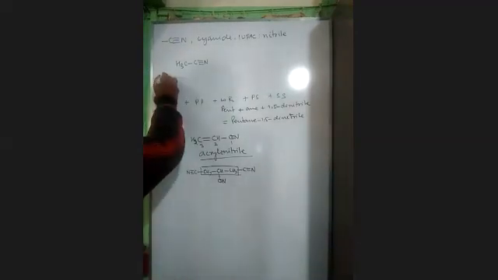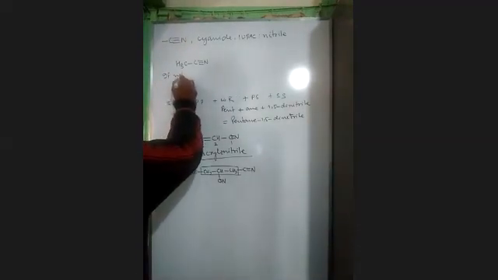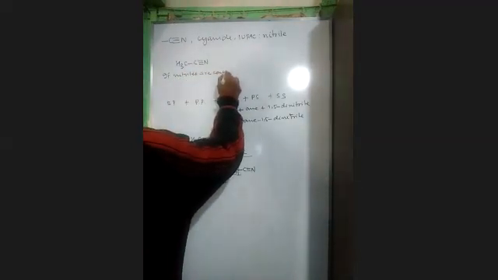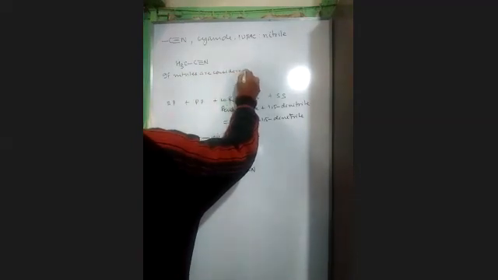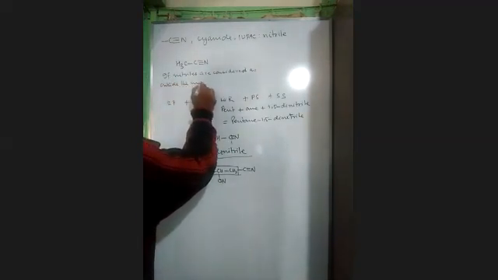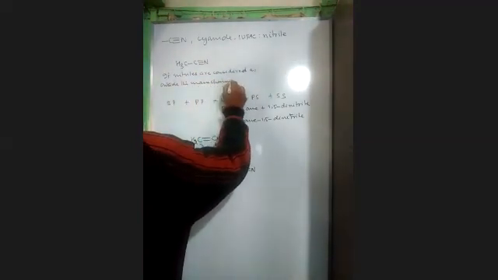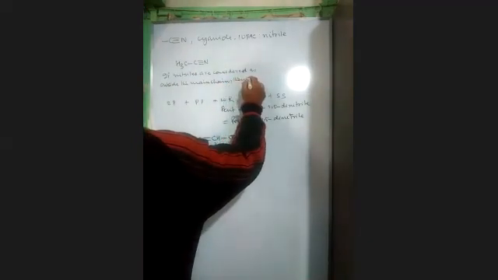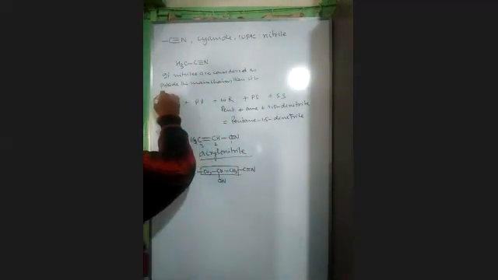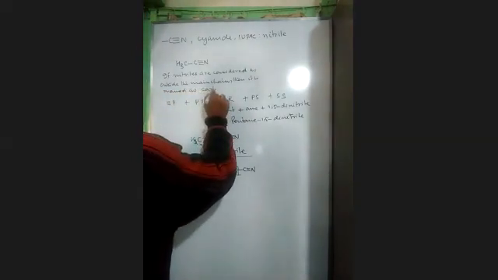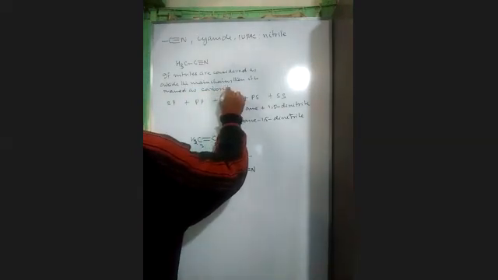So if nitriles are considered outside the main chain, then it is named as carbonitrile.